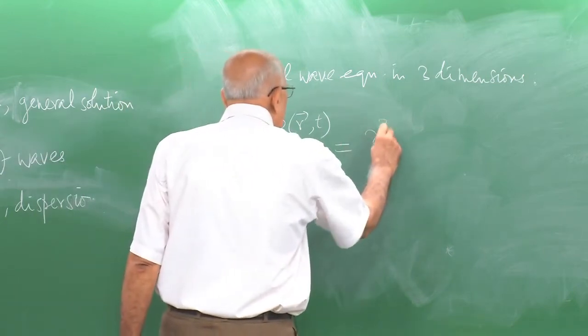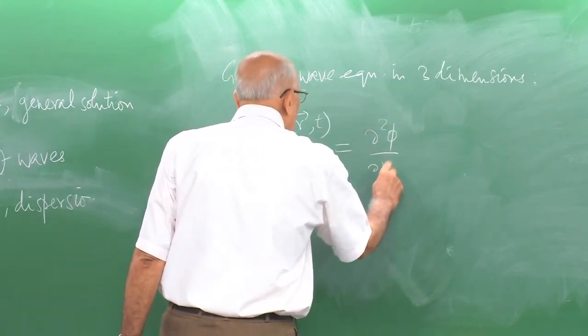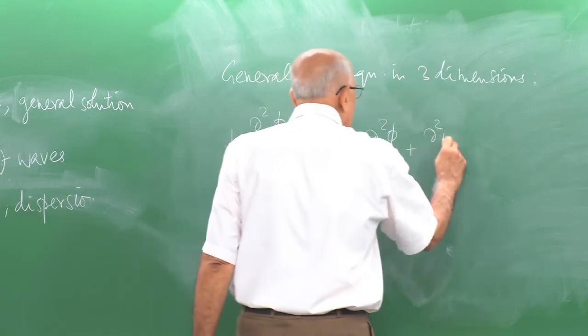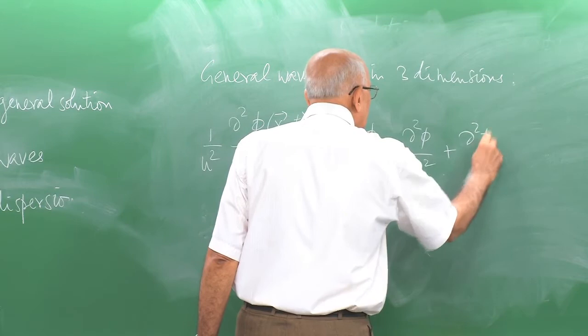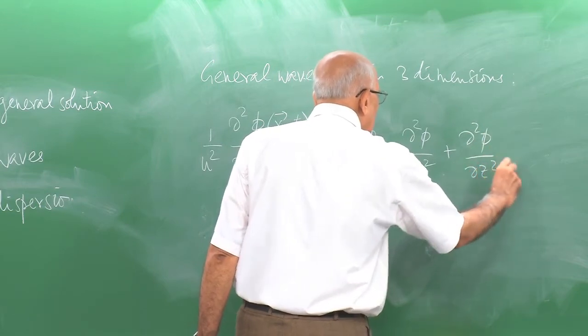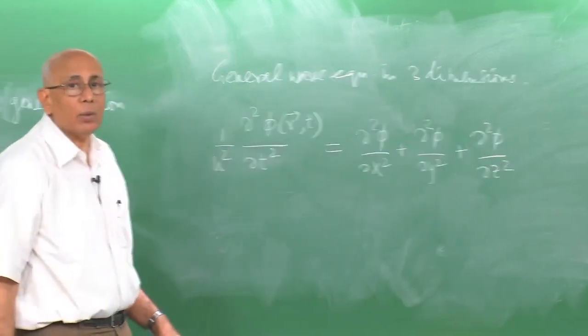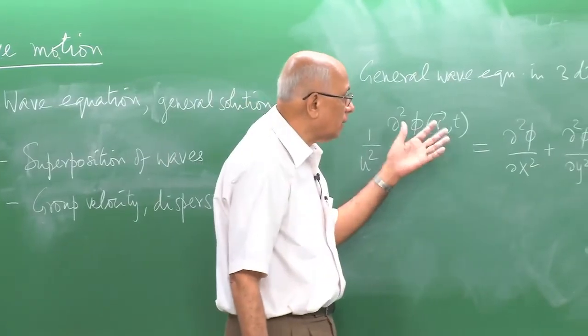This is equal to d2 phi over dx2 plus d2 phi over dy2 plus d2 phi over dz2 in 3 dimensions in Cartesian coordinates, where phi is a function of x, y, z and t.